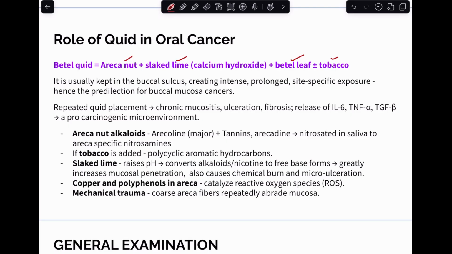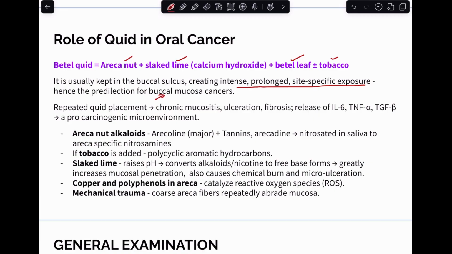And usually when these people end up having buccal carcinoma, it is on the side that they use to keep the quid in. Because they keep the quid in there for a long time, sometimes throughout the whole day, or even at night when they are sleeping, that leads to intense prolonged site-specific exposure.